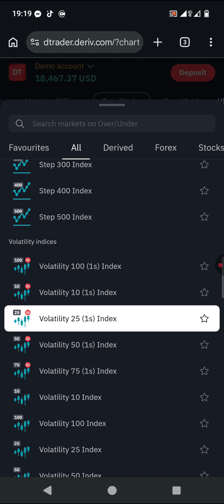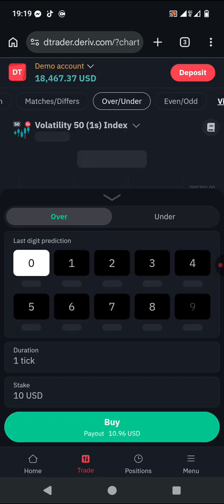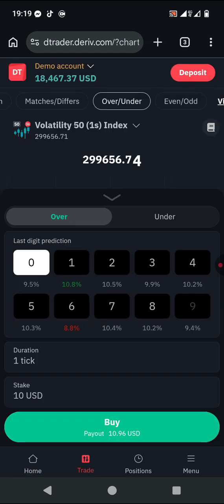Let's shift to volatility 51s. Now this is volatility 51s, and as you can see, digit 0 is below 10%, which is good. Another thing I have not mentioned, the red appearing digit should not be close to digit 0.